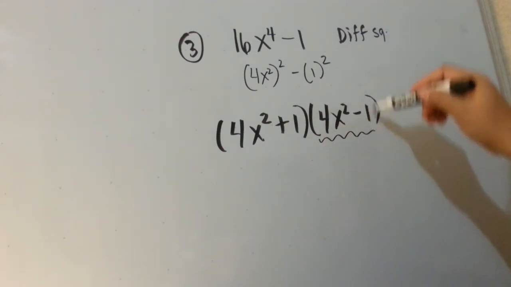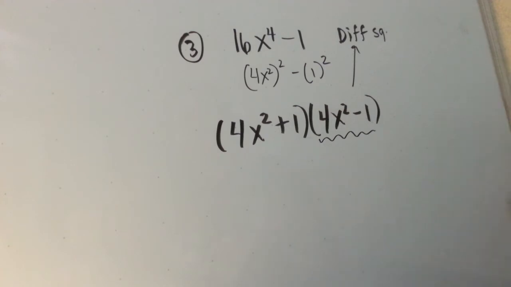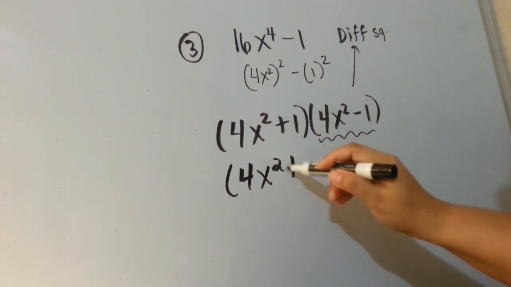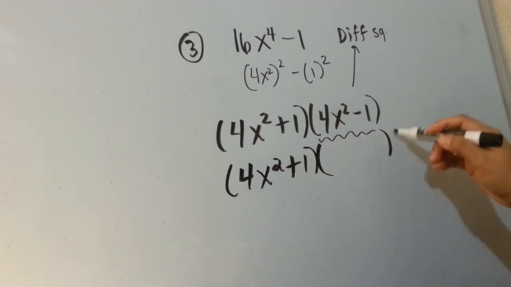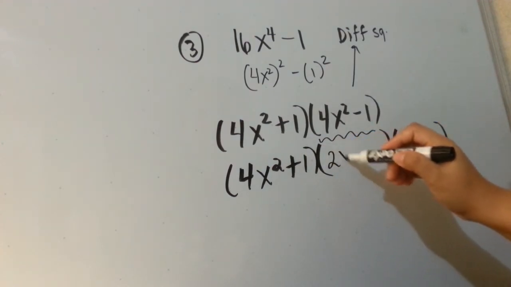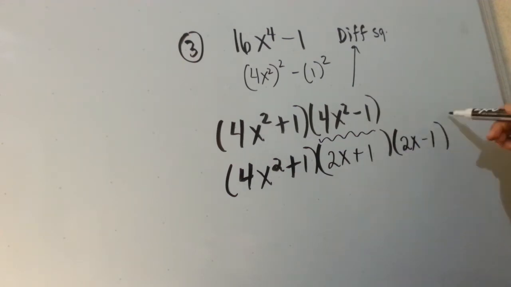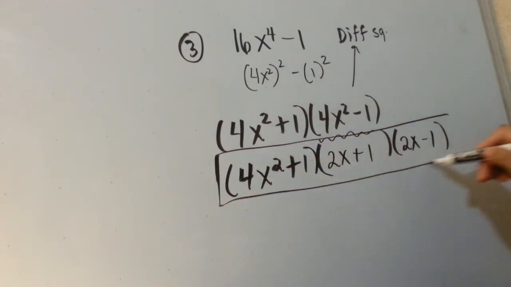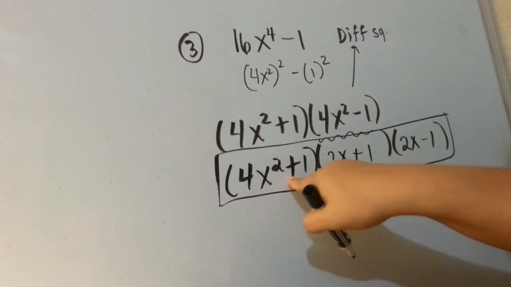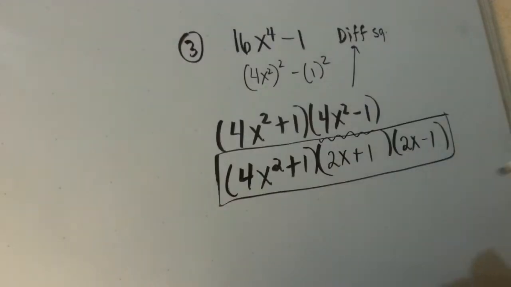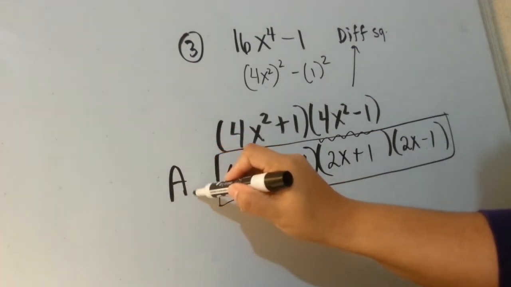But then this one is also a difference of squares. So then you have to write it as 2x plus 1, 2x minus 1. And this would be the final answer. You can't factor this because that's a plus sign. The letter choice was A on this test.